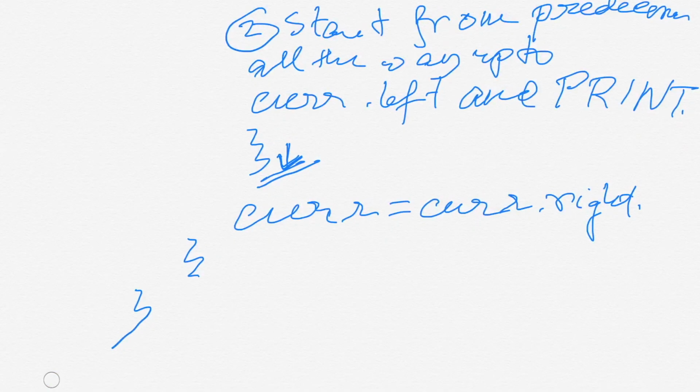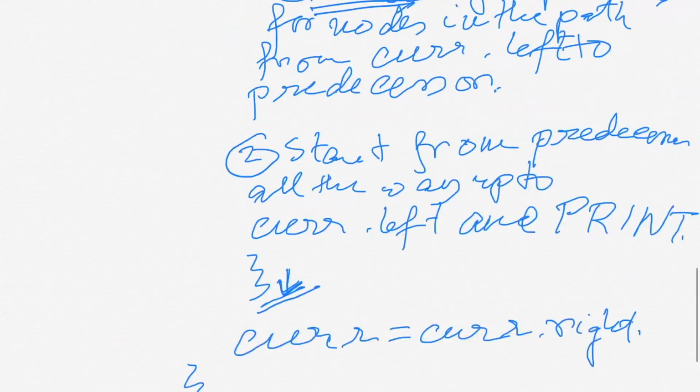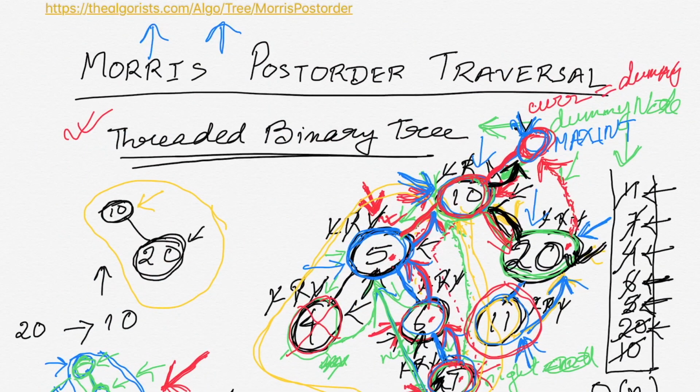So please visit our website and read the content we have there on Morris Postorder Traversal to know more about the algorithm and to know about the recovery process of the modification of the right child pointers of the predecessors. And you can access the contents on our website from this link.